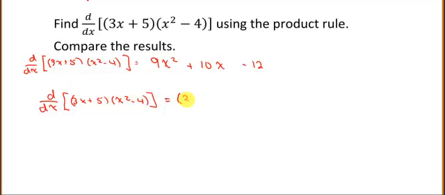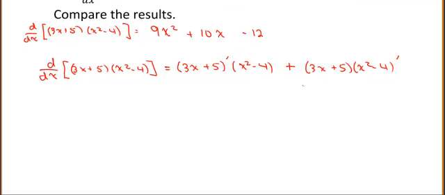So we have (3x plus 5) times (x squared minus 4), and then another copy. In the first copy, we'll take the derivative of the first factor. In the second copy, we'll take the derivative of the second factor, and then add those together.